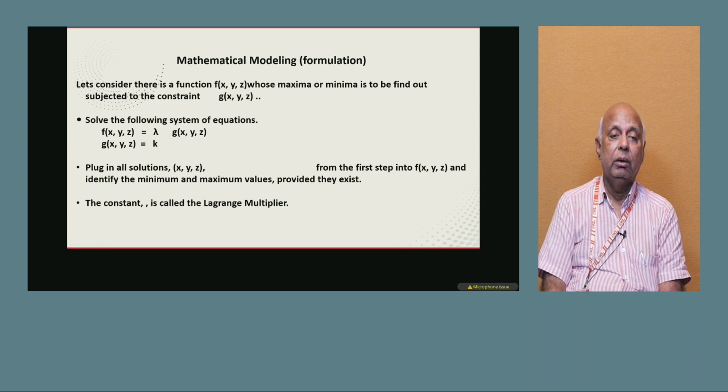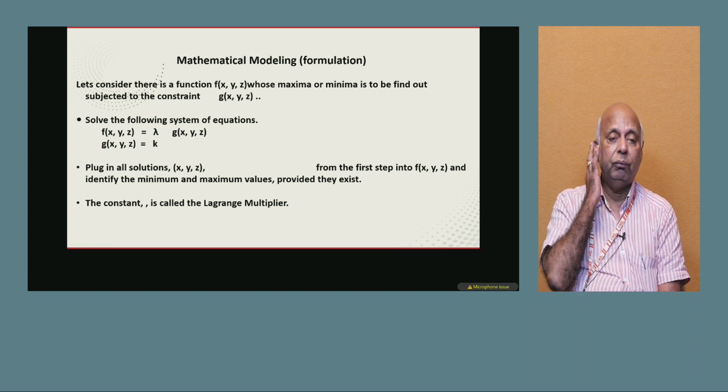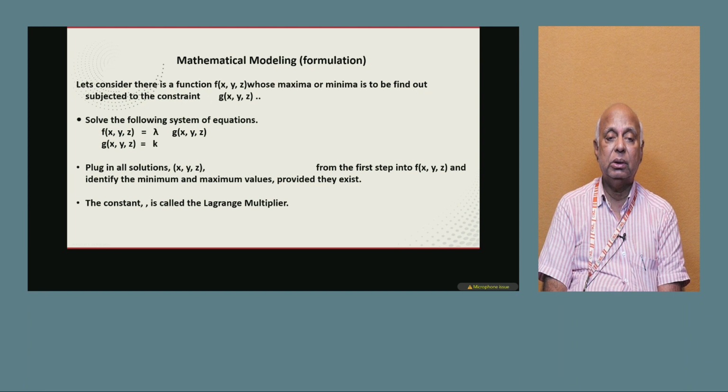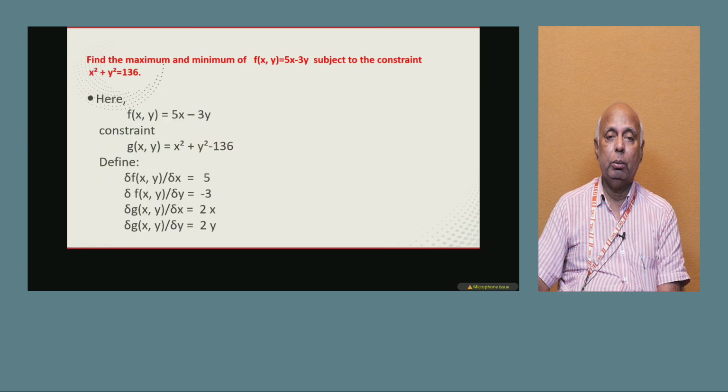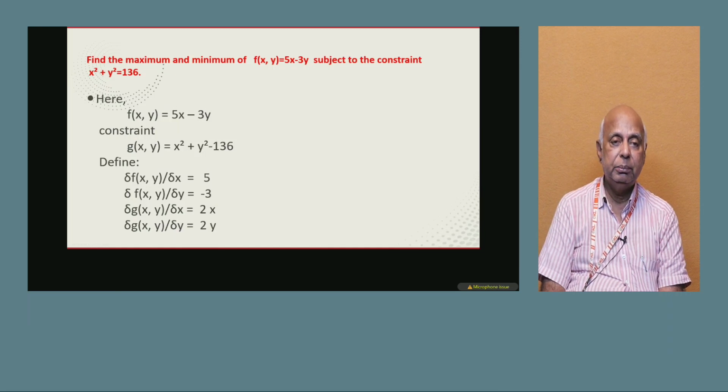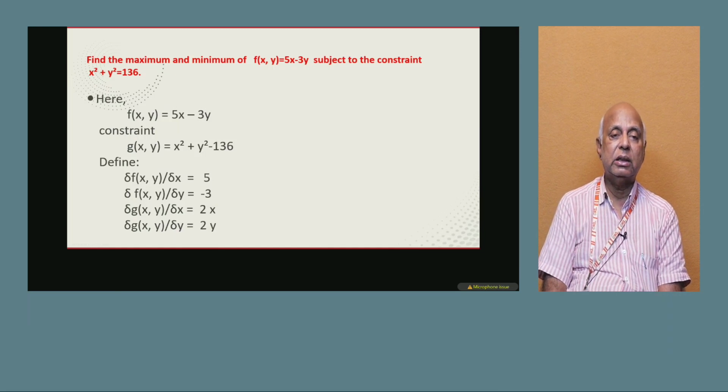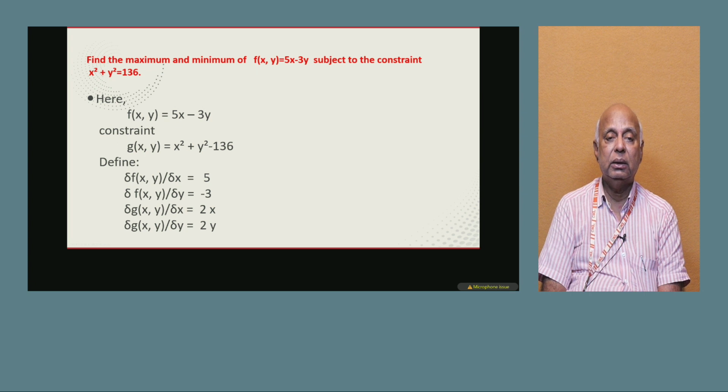We say that the gradient of the original function f of x, y, z is equal to lambda times the gradient of g of x, y, z, subject to the condition g of x, y, z equal to k. Now let us illustrate with a problem: f is given to be 5x minus 3y subject to the constraint x square plus y square is 136.